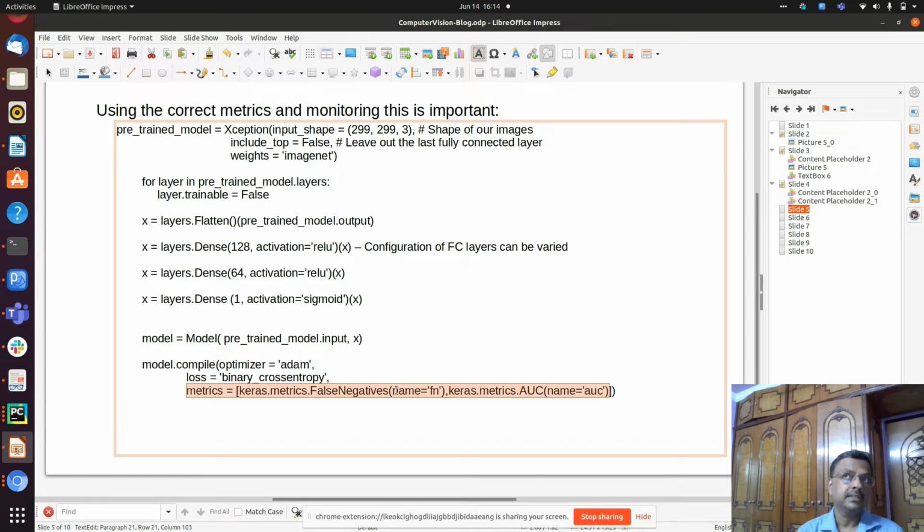In some cases, I've seen businesses very specific about getting the minimum false negatives. In this context, the best example we can think of is COVID testing. A false positive is when we test a normal person and say he's COVID positive. That is still tolerable, because a person may undergo some extra medication or whatever.